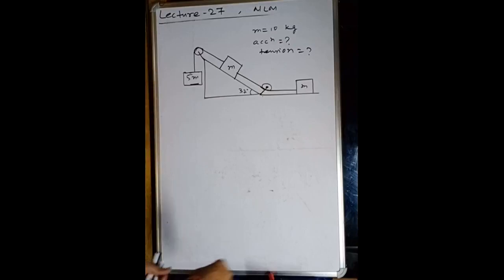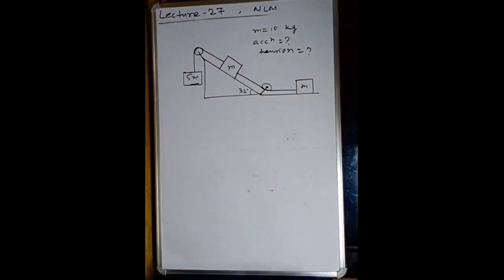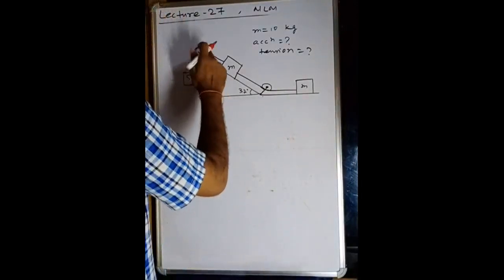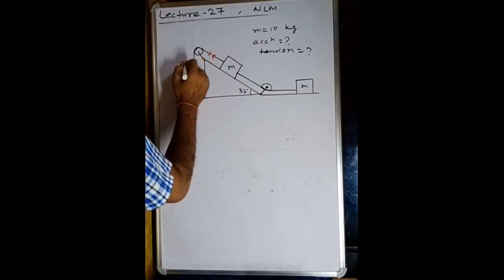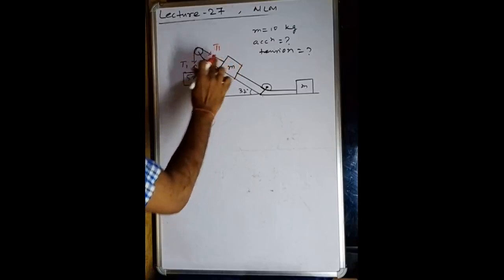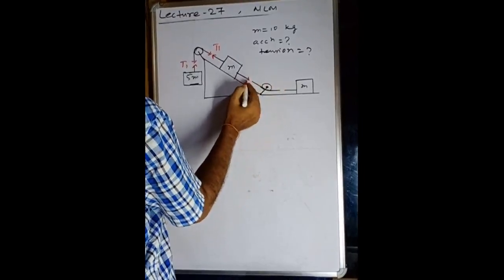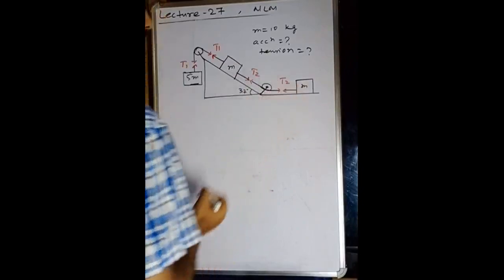So look here, my dear students, carefully at how I am going to solve this question. Here the tension is T1, T1, same string, same tension. T2, T2. Okay.